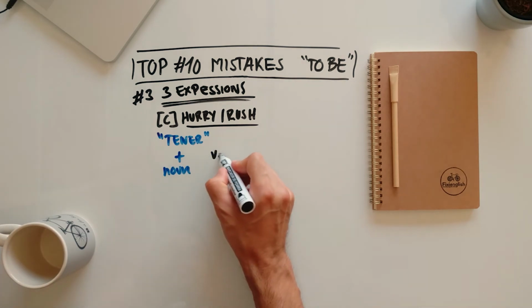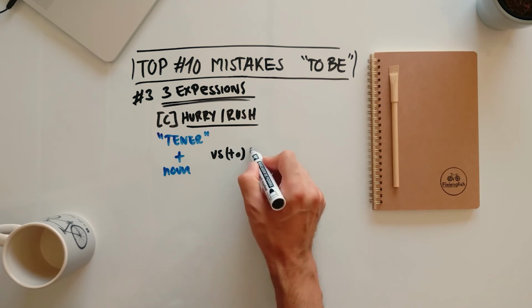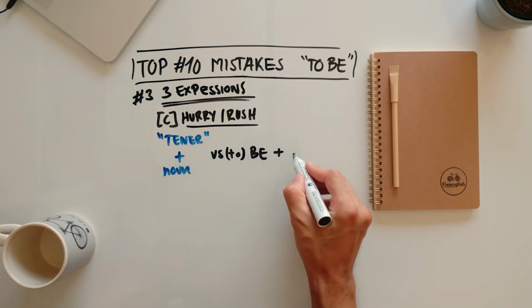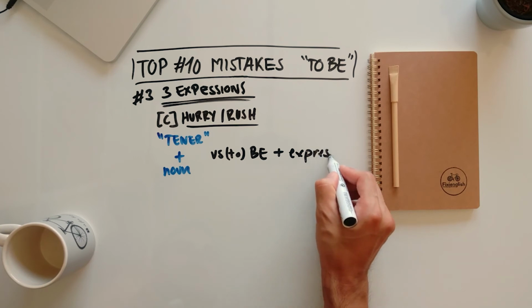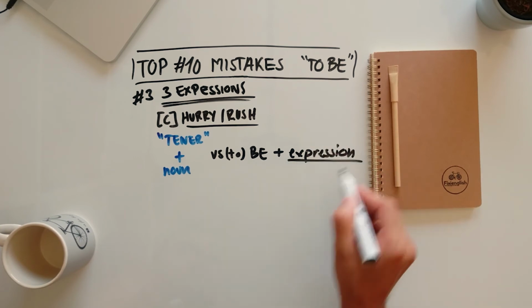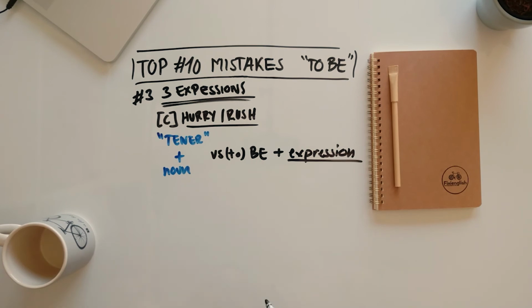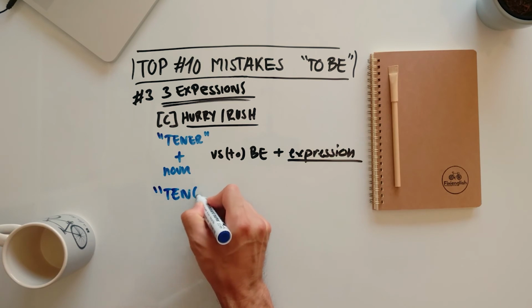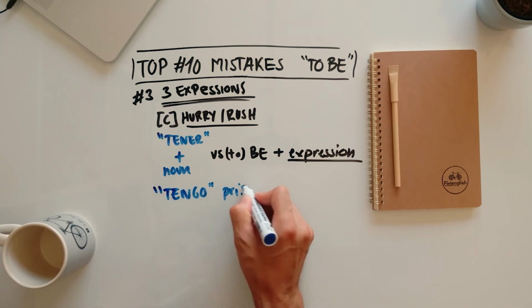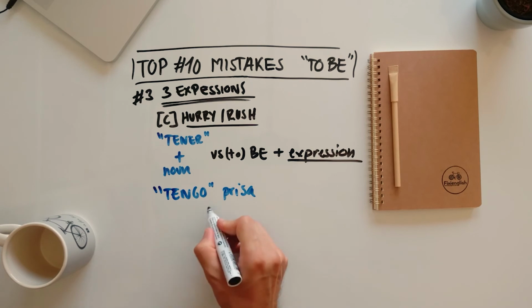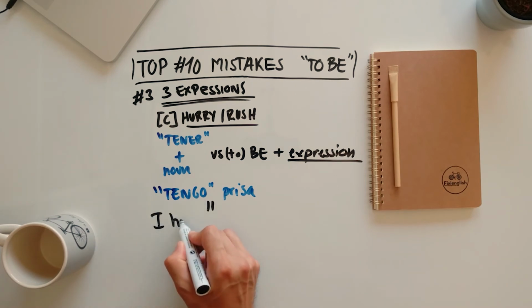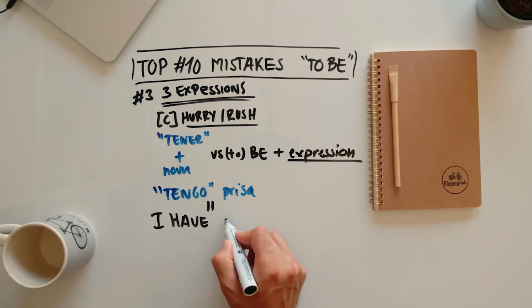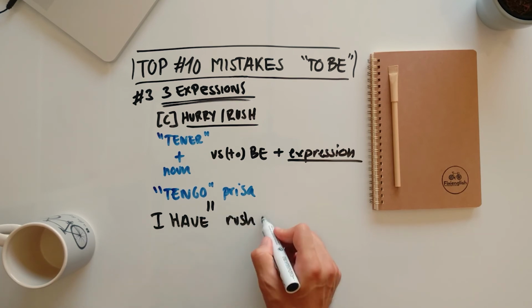But in English, we would be using the verb to be followed by a specific expression that uses hurry or rush, which is the most common mistake we found when we are wanting to express hurry or rush in English. Taking the sentence tengo prisa, for instance, people would normally express this saying I have rush or I have hurry.